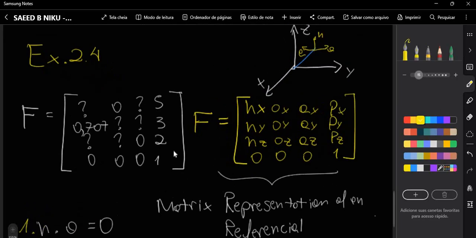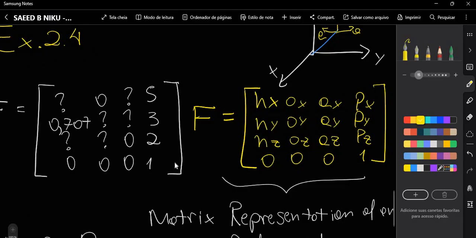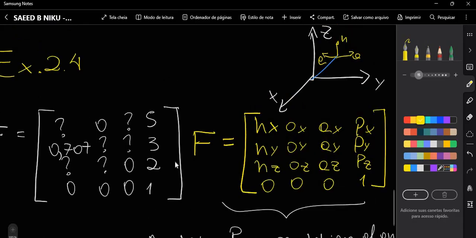And also let's clarify this. This column is the representation of the position in the region of the referential.